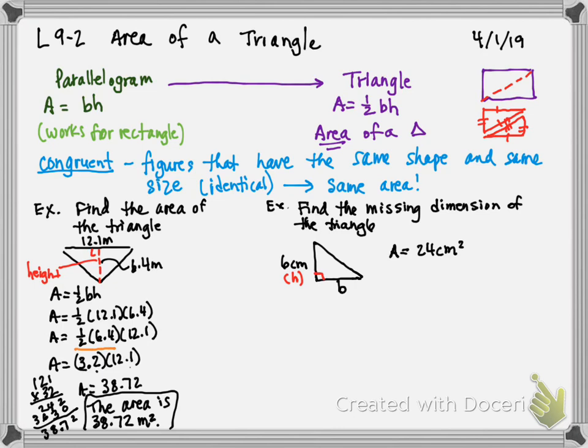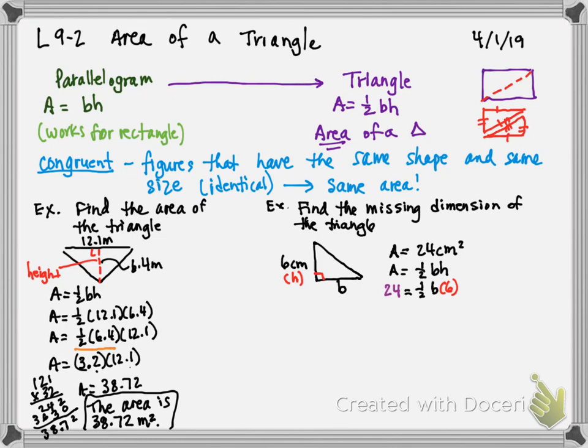So we're going to go ahead and write the formula. Area equals 1/2 base times height. And then I'm going to start substituting numbers in. So we've got 24 takes the place of the A equals 1/2 and a B, and then we have the H is 6. Okay. Now we've got a couple choices. We can take care of doing the inverse of multiplying by 1/2 and then the inverse of multiplying by 6.